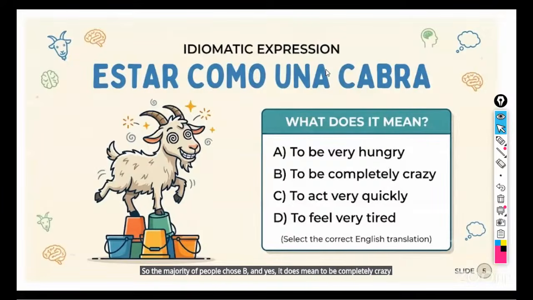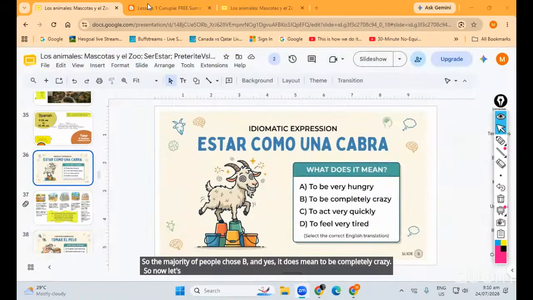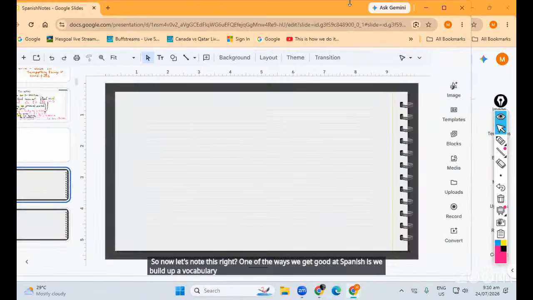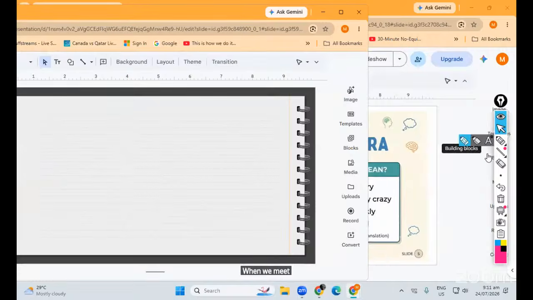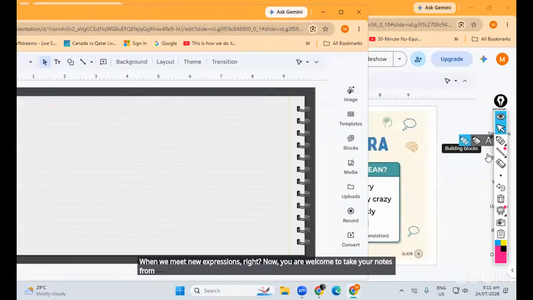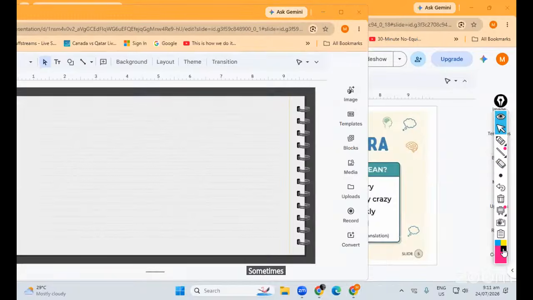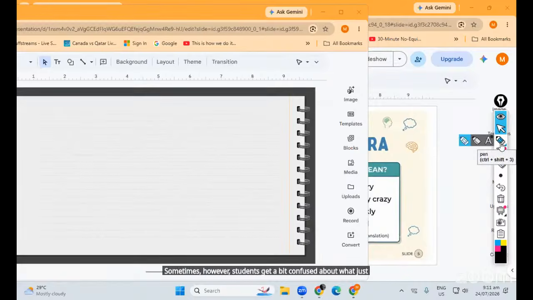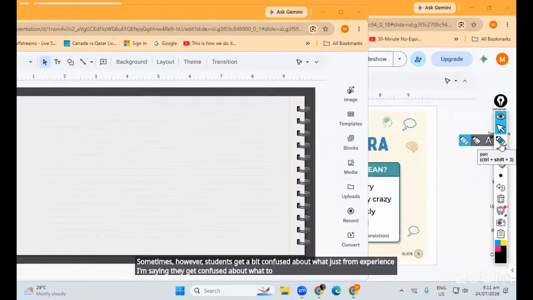So now let's note this, right? One of the ways we get good at Spanish is we build up our vocabulary. And we build up our vocabulary list when we meet new expressions, right? Now you are welcome to take your notes from the slide. Sometimes, however, from experience, students get a bit confused about what to write from my slides.